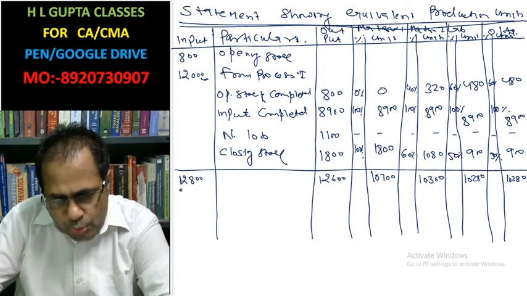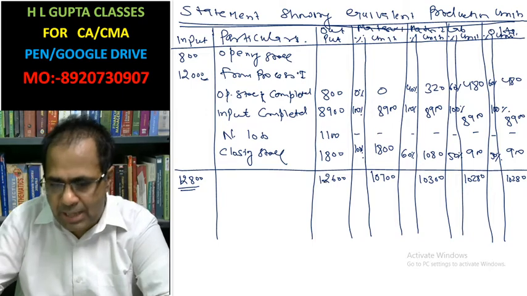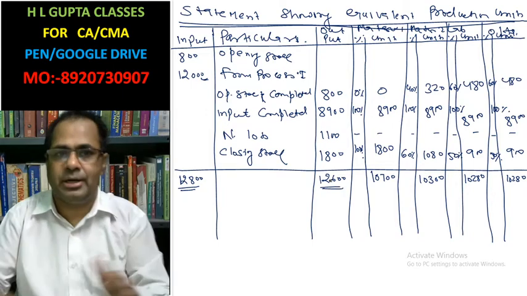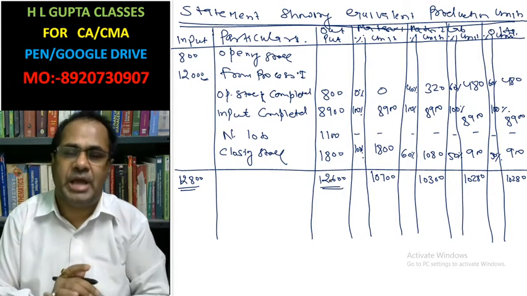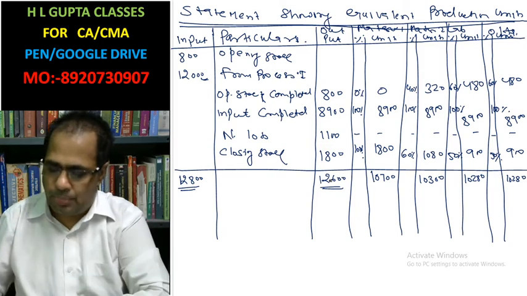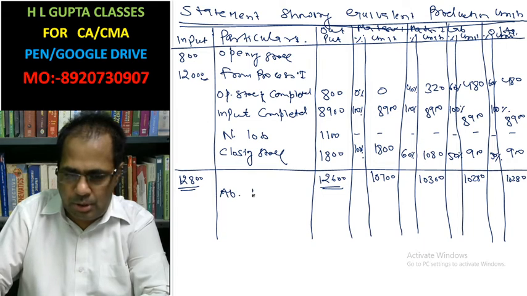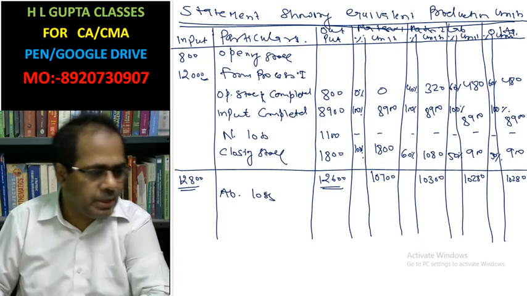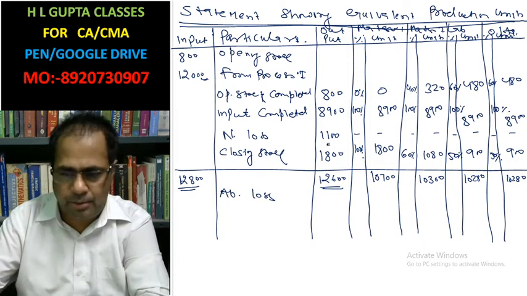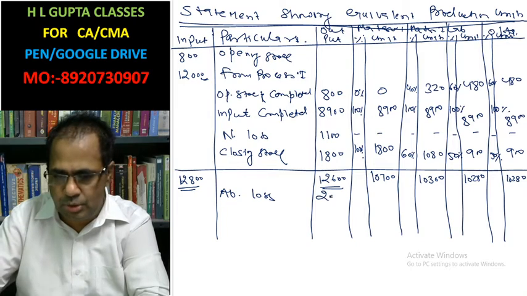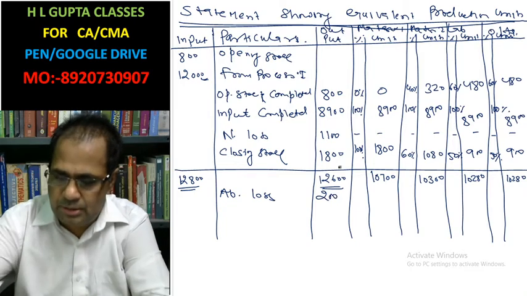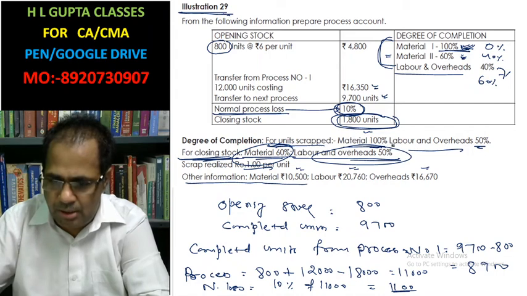Your input was 12,800, but output is 12,600. It means there must be an abnormal loss. That abnormal loss should be written here. Abnormal loss 200. This abnormal loss completion is given here.